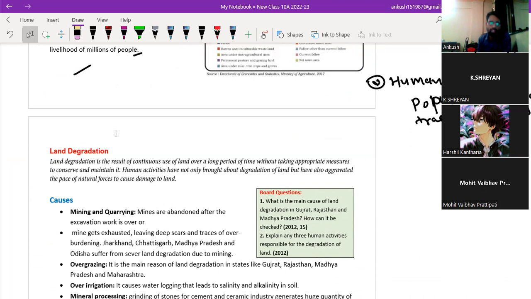Yesterday only I read a news item that by the year 2100, after 78 years, our population would be reduced by 41 crore. I just read it in a feed on my mobile.